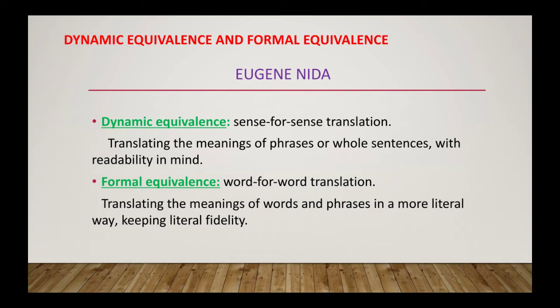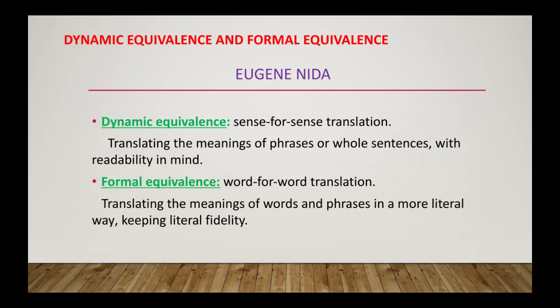And formal equivalence means word for word translation. That is, translating the meanings of words and phrases in a more literal way, keeping literal fidelity. That means it is just a word-to-word translation, or translating just like in the form of a paraphrase.